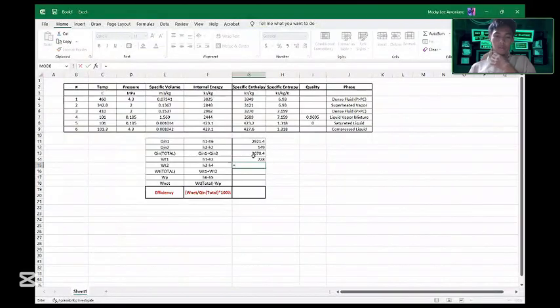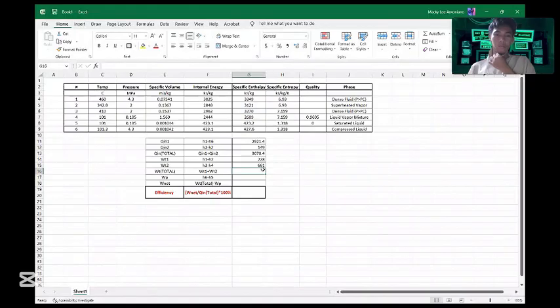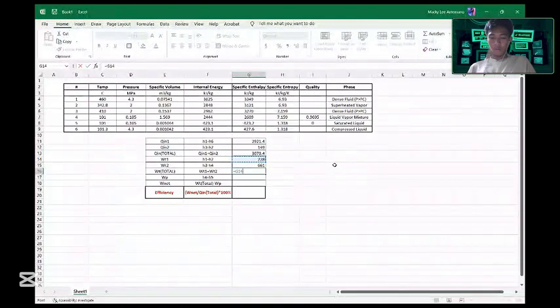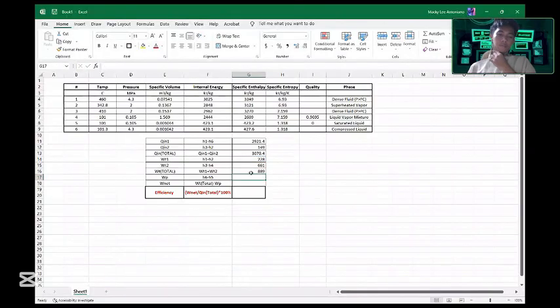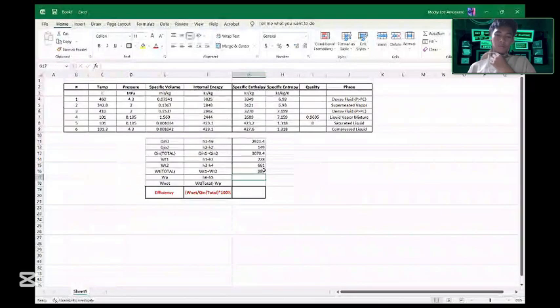And for the work turbine from the low pressure turbine or work turbine 2, the formula is H3 minus H4. Then next we're going to get the total of work turbine 1 and work turbine 2. Work turbine 1 plus work turbine 2. So get the value of work turbine total.